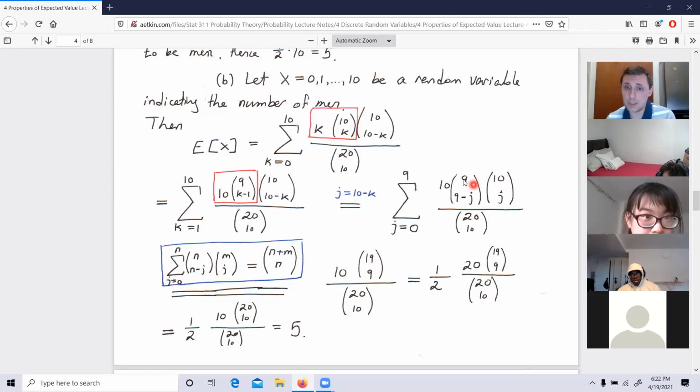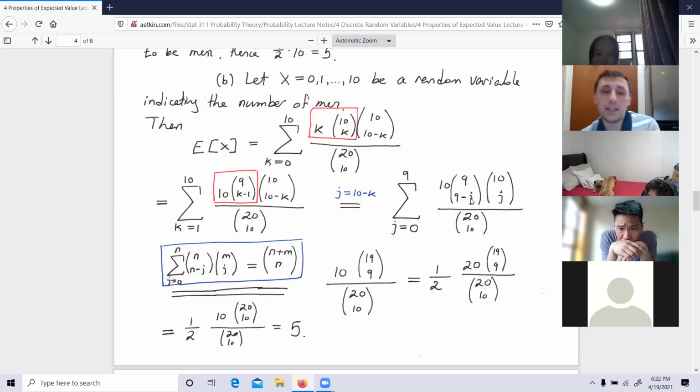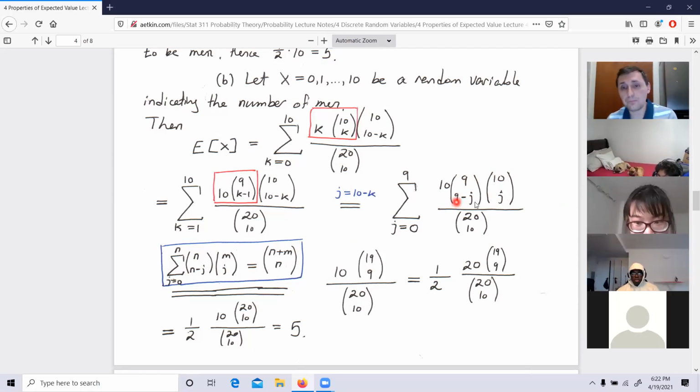Yes, so that means, look at it, guys. We have 9 of this category, 10 of that category. You see what happens here is that this is 9 minus j and this is j. We have to choose 9 individuals. I mean, forgetting about the initial meaning, I just look at the combinatorics and I see that this is just saying we have 2 categories here.